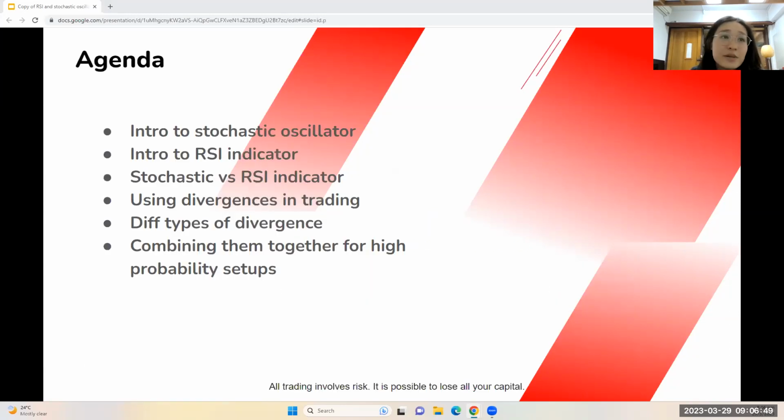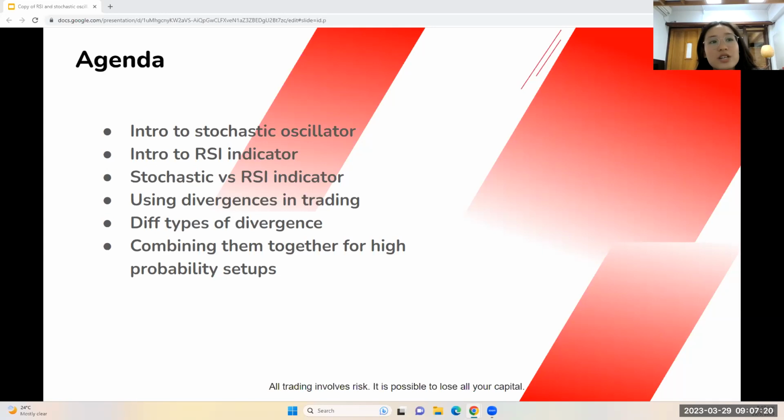Here's our agenda for today. Firstly, we're going to go through briefly the stochastic oscillator followed by the RSI indicator, because RSI as well as stochastic are pretty similar in nature. So we're going to be comparing them throughout the webinar. After that, we're going to be talking about stochastic versus the RSI indicator. We're going to be seeing the different circumstances in which you use the different indicators.